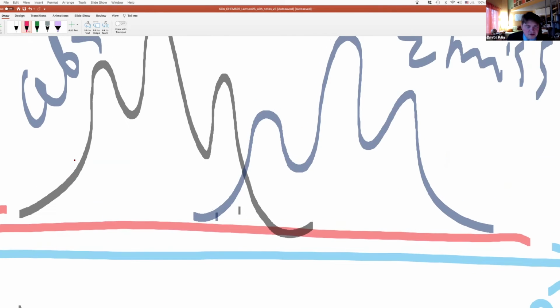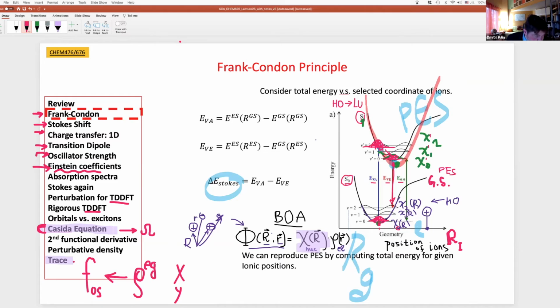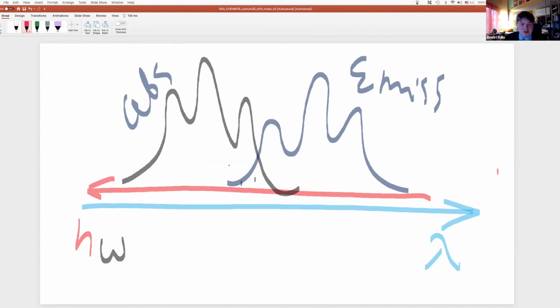Here I'm just trying to draw this absorption and emission by hand. So absorption is more blue, emission is more red, and frequency goes to bigger energy, and wavelength goes to smaller energy.